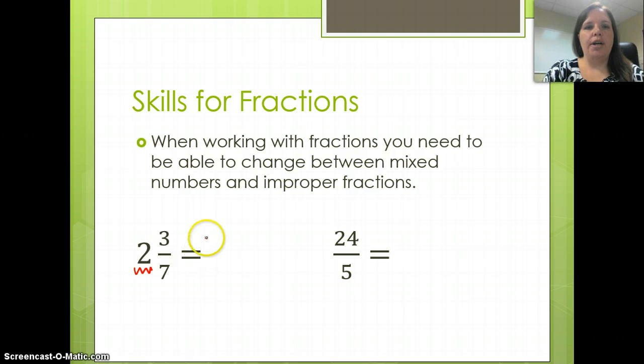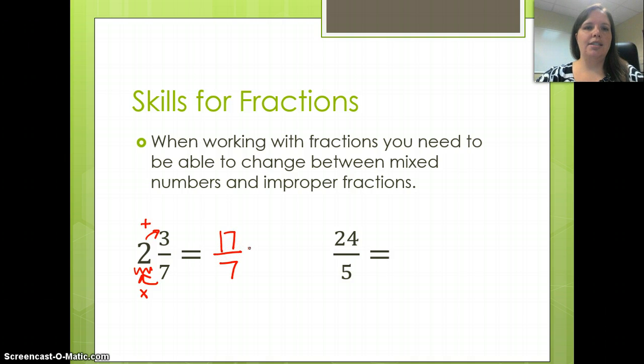So in order to figure out how many sevenths you had to begin with, it's like you had 2 full amounts and then you had 3 contributing, but not quite enough to make a full 7. Shortcut way is to say, okay, I'm going to do 2 times 7, so multiply here and then add to figure out how many sevenths I have. So 2 times 7, 14, plus 3, 17.